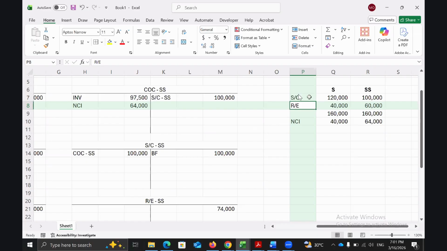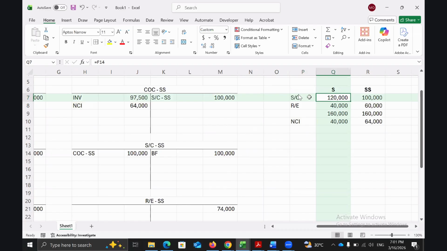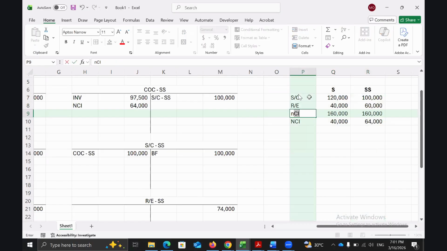Now, in this case, we are having the stated capital and the retained earnings only. Then we take the stated capital stood at the date of acquisition, and we take the retained earnings stood at the date of acquisition. And we get the total net assets here. This is the net assets total.